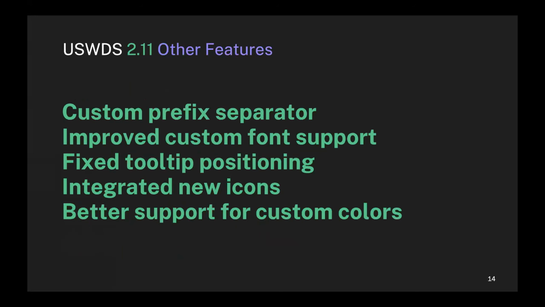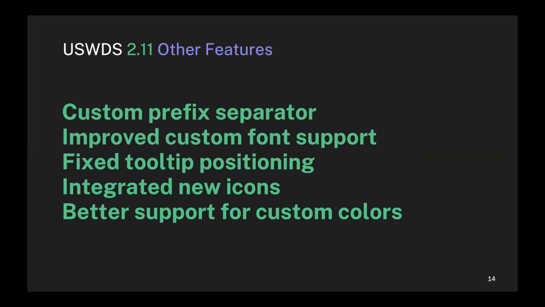Slide 14. And there are a few other notable inclusions in 2.11. Perhaps finally, for some of you, we now provide a setting for a custom prefix separator. So if your system doesn't support the colon separator that we use in our responsive and state prefixes, you can now set that to whatever character or characters you choose.